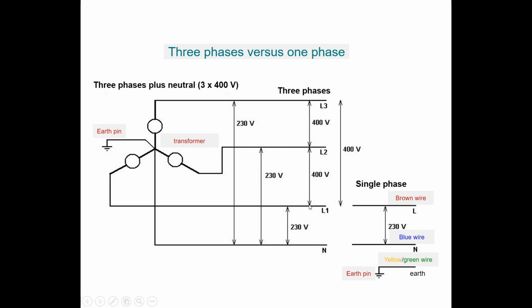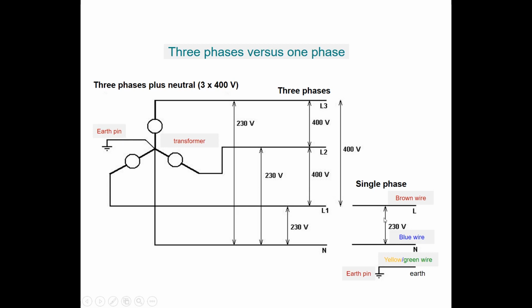And the line voltage in our system is the square root of 3 times 230 volt, which is 400 volts. So these are the line voltages. What we also do in a home situation is that we not only have the neutral fed out to our sockets, but we also have an earth pin connected for safety purposes over here.